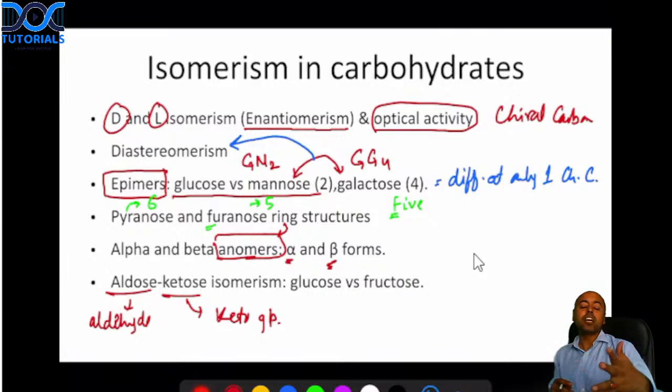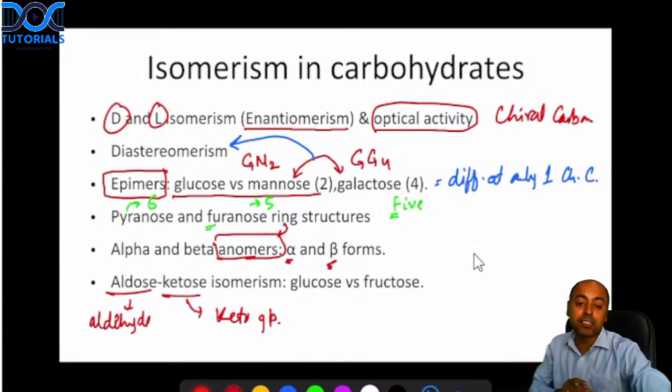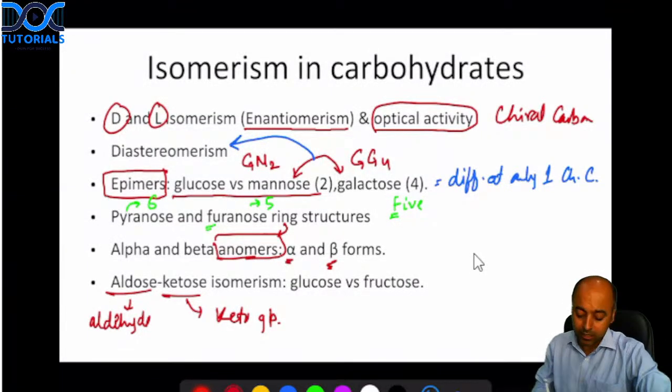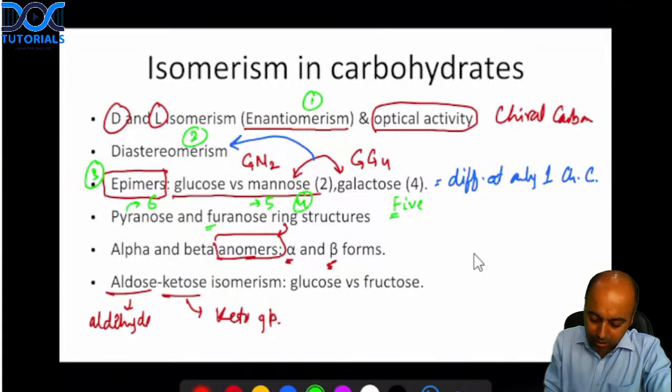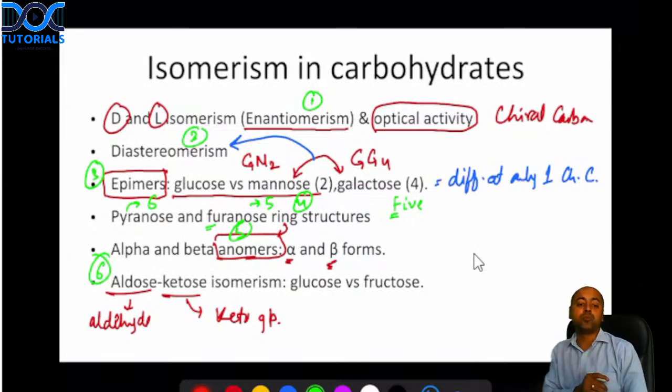So you have the different types of isomerism as seen in carbohydrates: enantiomerism, diastereomerism, subtype epimerism, the ring structures, anomerism, and the functional type of isomerism, which is the aldose-ketose forms.